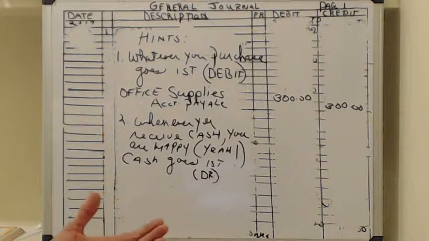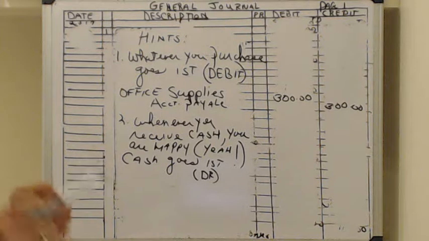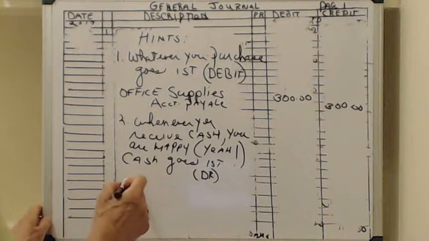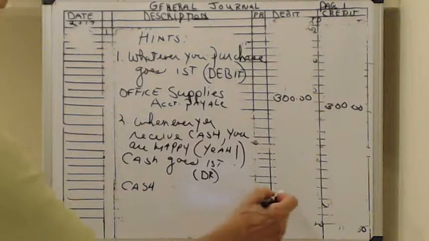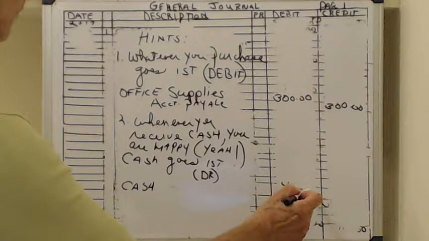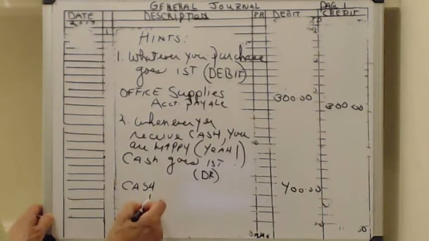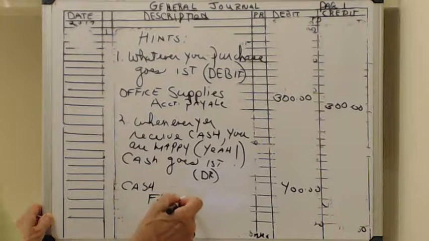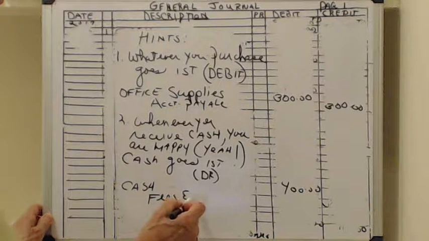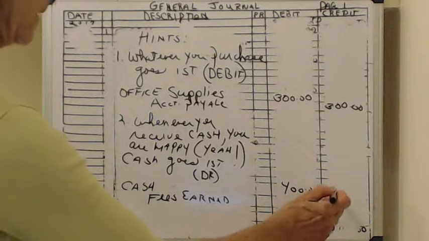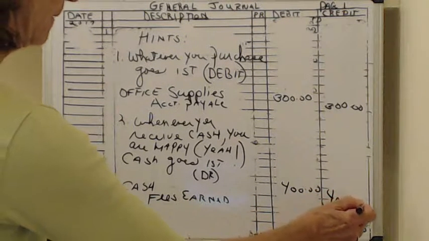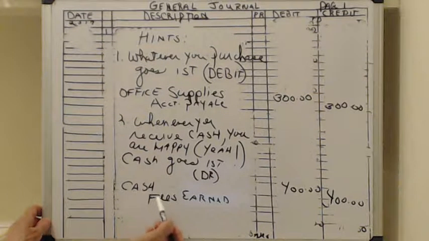She painted a picture for a customer and received $400 cash. Yay! So the transaction would look like cash is the debit, first line, 400, and fees earned, or painting fees, or whatever you want to call it, it's a revenue, is second, which is the credit. 400 credit. Debit, credit, cash first, fees second.